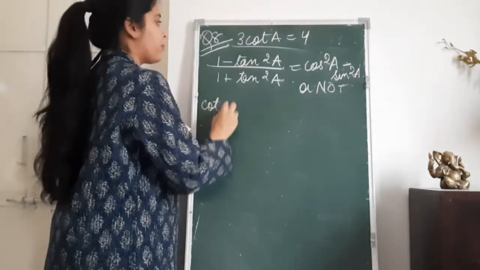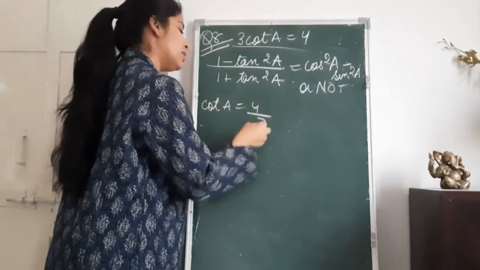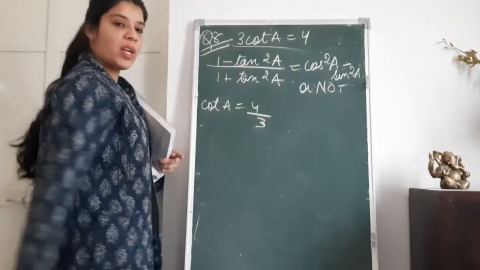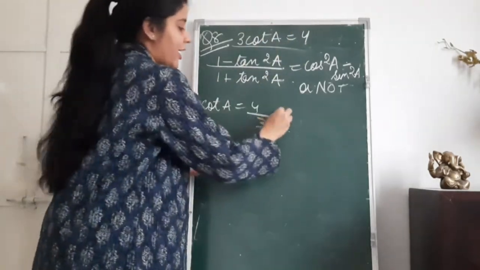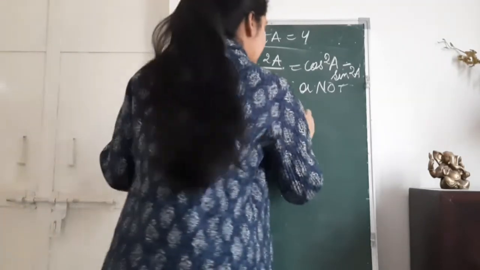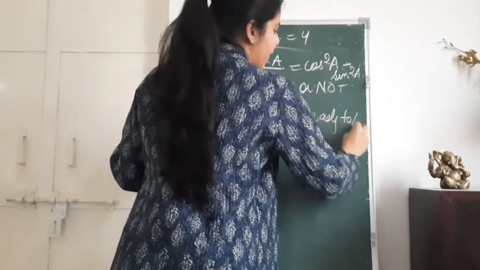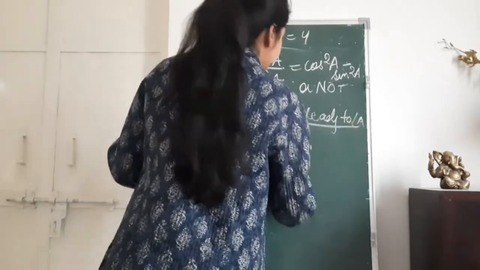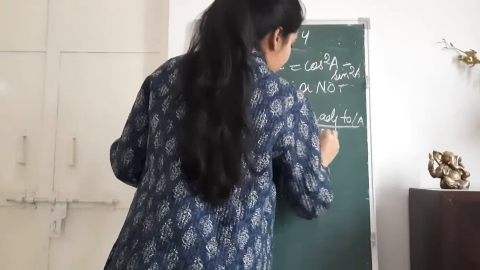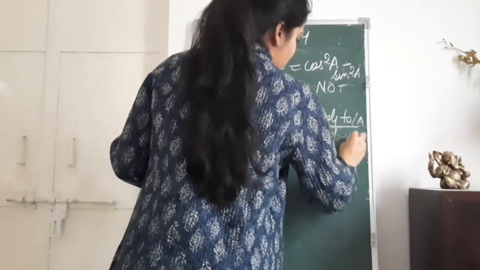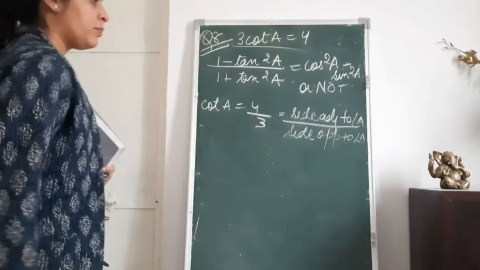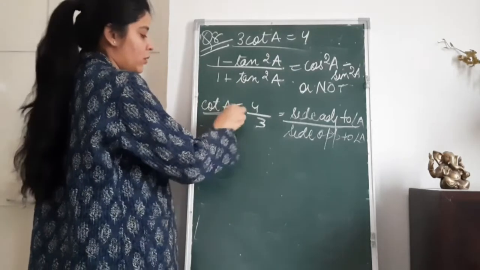Cot A is equal to 4 upon 3. And cot A is also equal to side adjacent to angle A upon side opposite to angle A. Which side is adjacent to angle A?